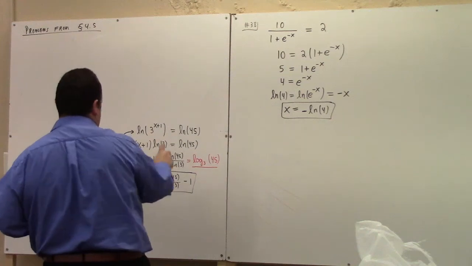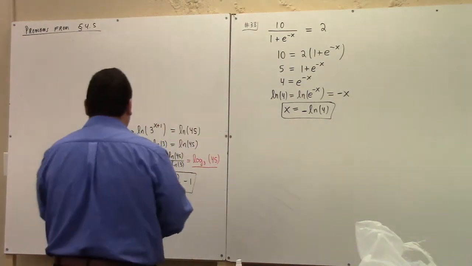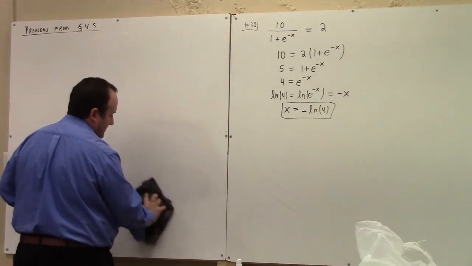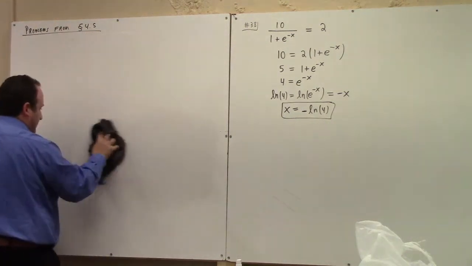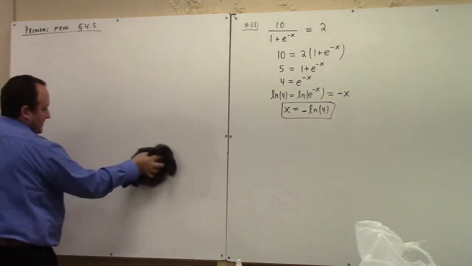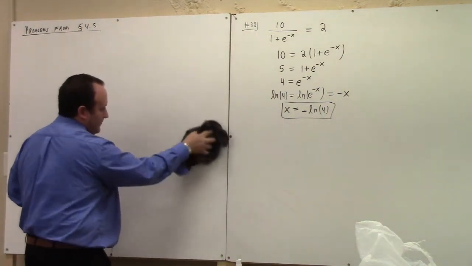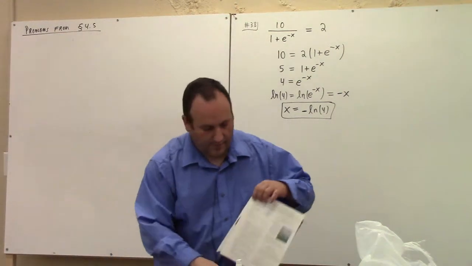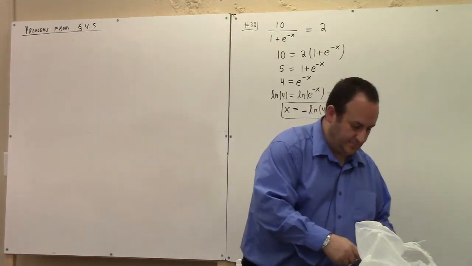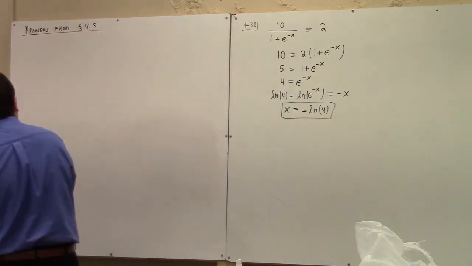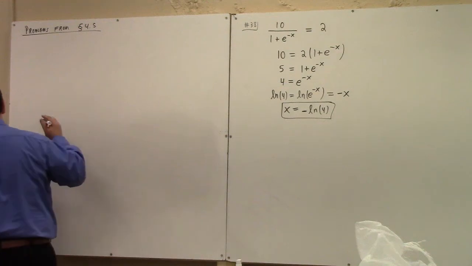All three of these examples that we've done so far use kind of the same method, right? We basically isolate the exponential and then take the logarithm, and that solves it for us. Or in the first one, we could use the one-to-one property since we had the same base on both sides. But problems 39 through 44 in section 4.5 are a little bit different in the way that they're solved.